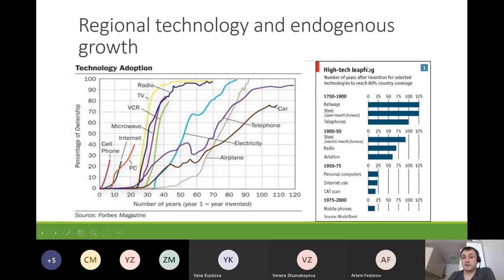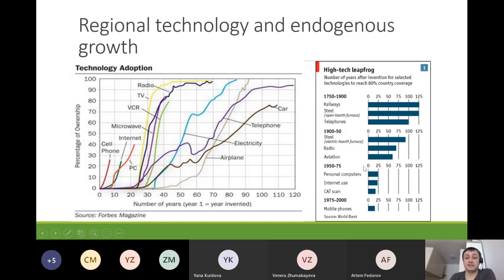This chart basically shows the same thing as the first one: for the United States, after how many years after invention of a selected technology did it reach 80% of country coverage, basically getting to somewhere at this point before it slows down again. So for railways, it was 125 years, for telephones 100 years, for radio 50 years, for personal computers 25 years, for mobile phones it took only about 18 years, and it's getting faster and faster.